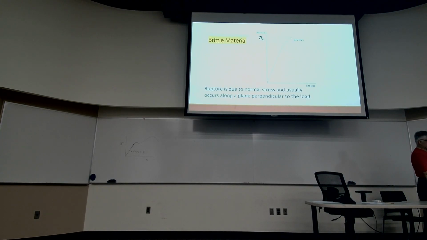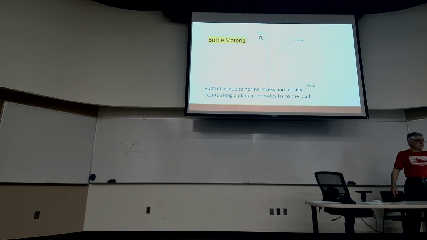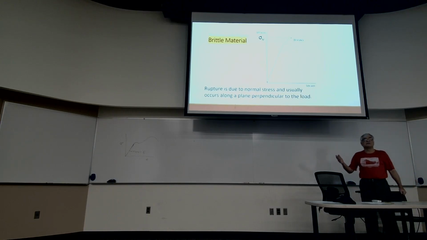And by the way, if you do the same for a brittle material like cast iron, then the diagram is going to look like this. You have a straight line, a little curve, and the material breaks without any warning.